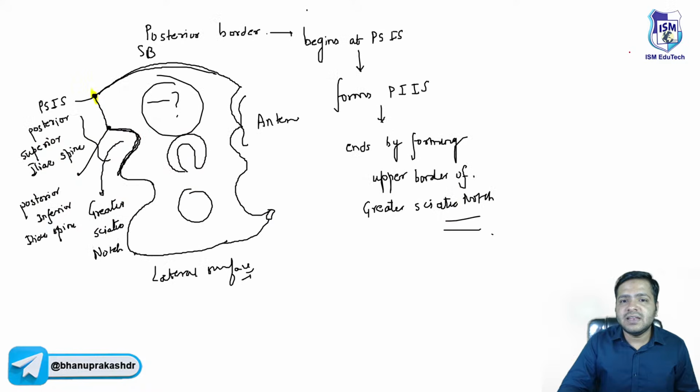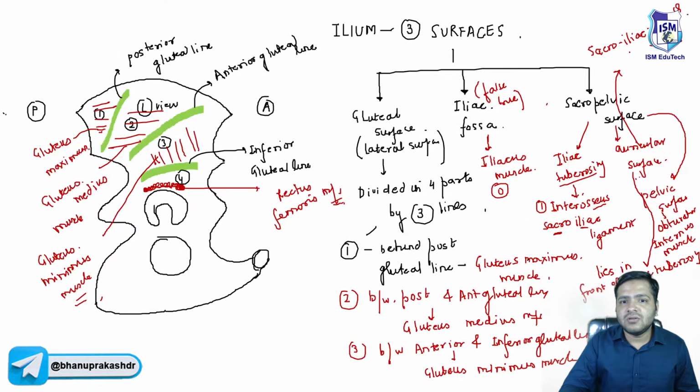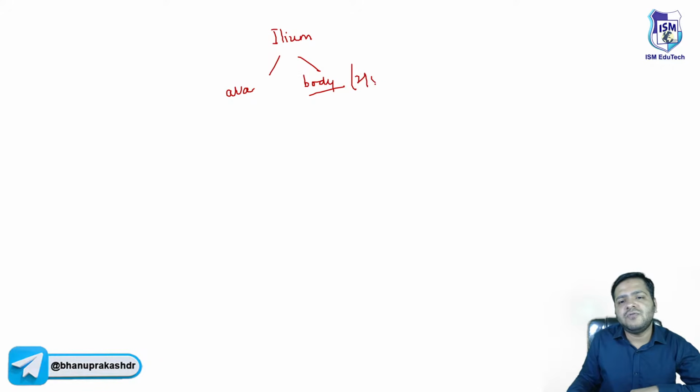Just summarizing the ilium, beta, what we have discussed. The ilium consists of the ala and the body. The body is not a part of the discussion. It forms 2/5 of the acetabulum, which you already know.